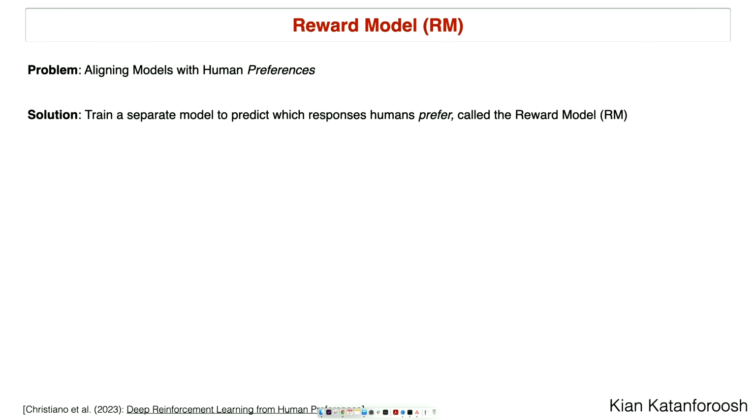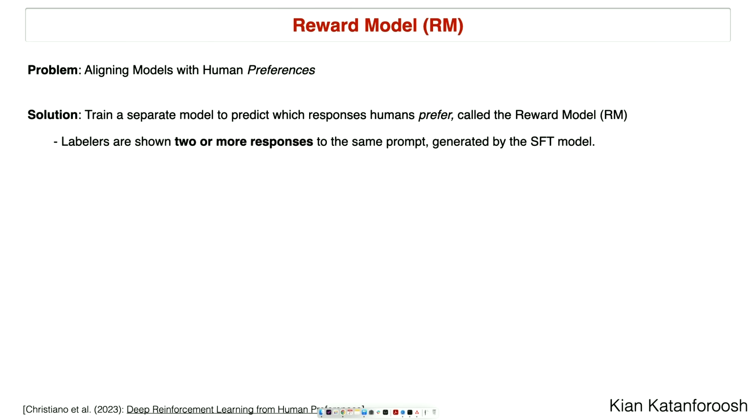It's a separate model from whatever we've trained before. The model is going to use data from labelers. You're going to show labelers two or more responses to the same prompts, and those responses will be sampled from the SFT. Your best model right now is the SFT.